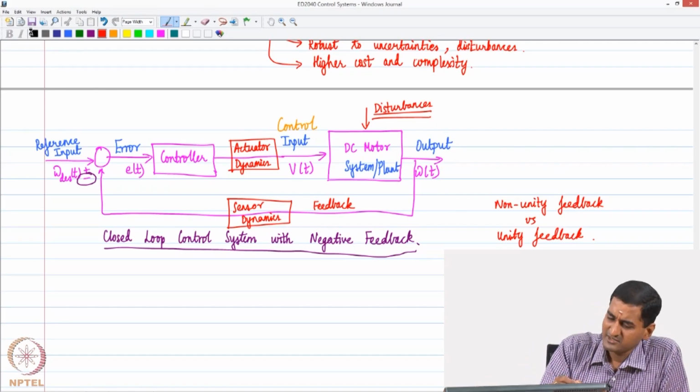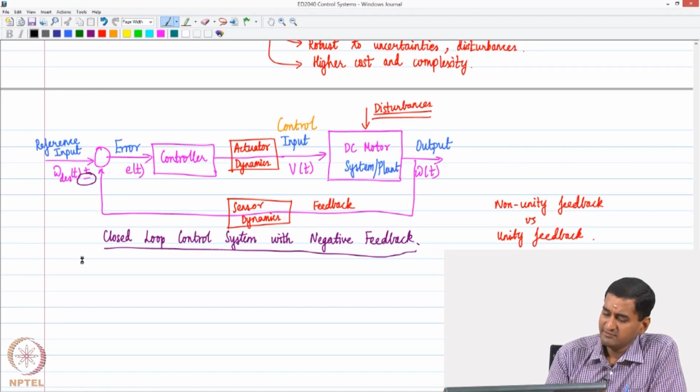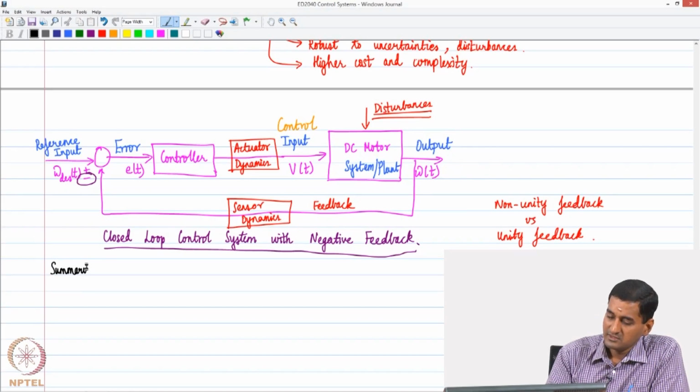To summarize what we are going to do in this course: as a summary of all this discussion, the title of our course is control systems.